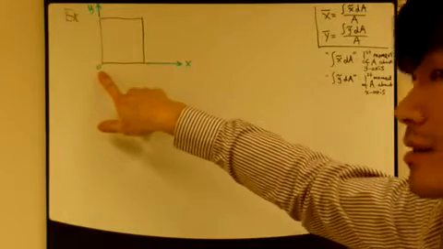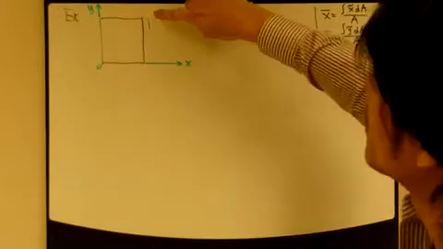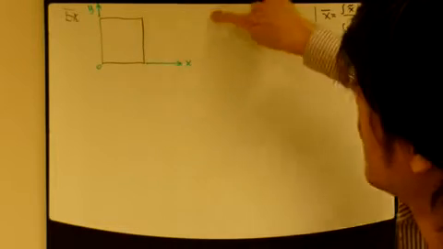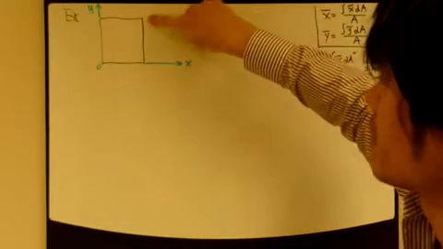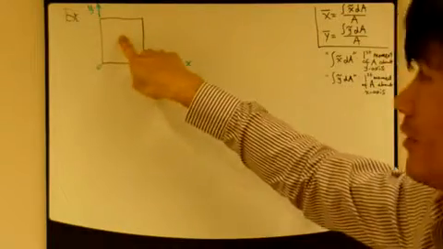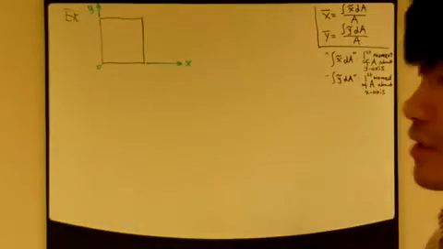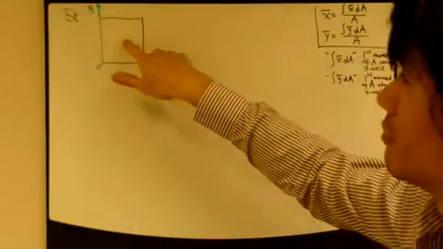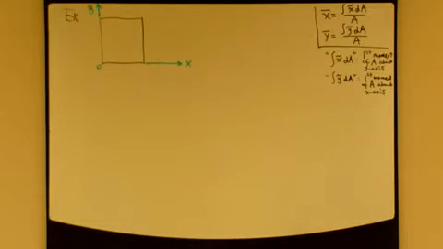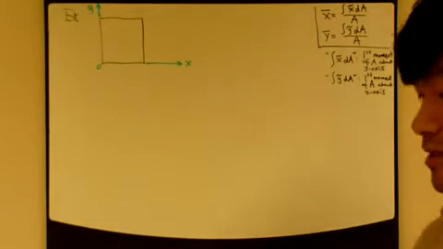Now, if you define, let's say, the origin up here, with x-axis and y-axis up here, the answer, x bar and y bar, will be different from this coordinate system, obviously. So both numbers will be negative values. So first, define your coordinates.